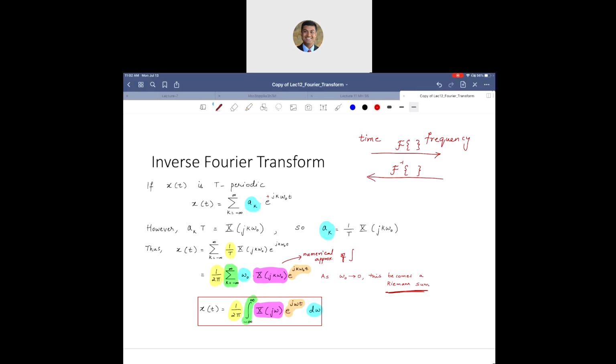So that's how you go from frequency domain. What does frequency domain mean? That means that I have the information of X of omega or X of j omega or X of f. I know that. And I need the function in time domain. So I use the inverse from frequency domain to time domain.